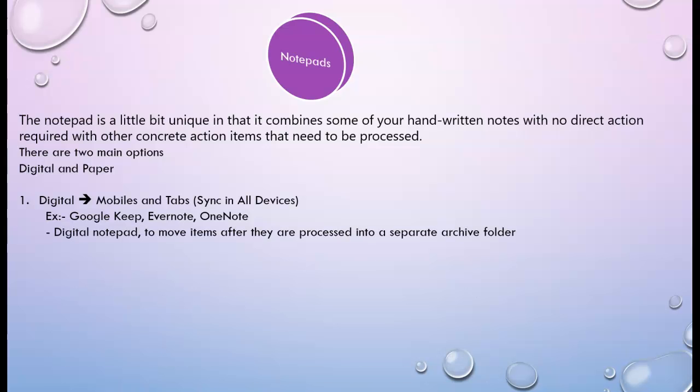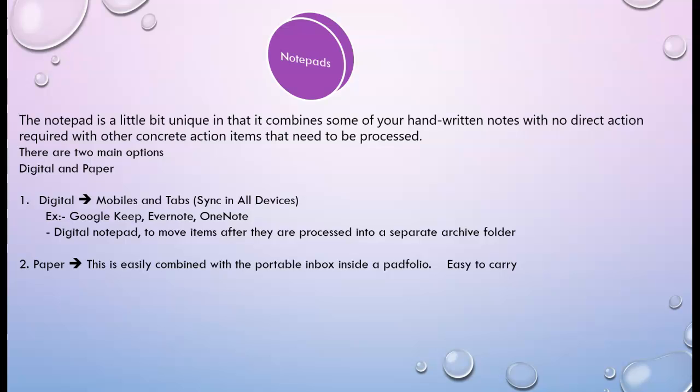Coming back to the other one, which is paper. Paper is where you write by hand on a notebook or a small notepad. Sometimes people like to carry a mini pocket-size paper notepad, which they just put in their pocket and go anywhere. Once they take notes within that small pocket notepad, they simply use it as unprocessed data for processing purposes.